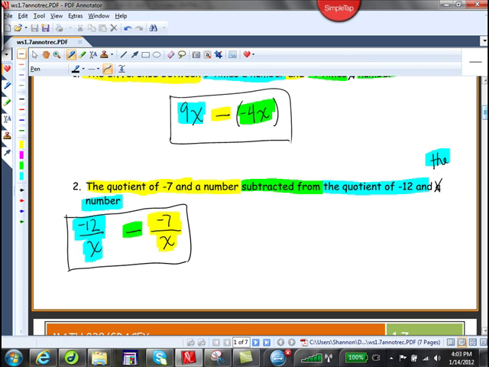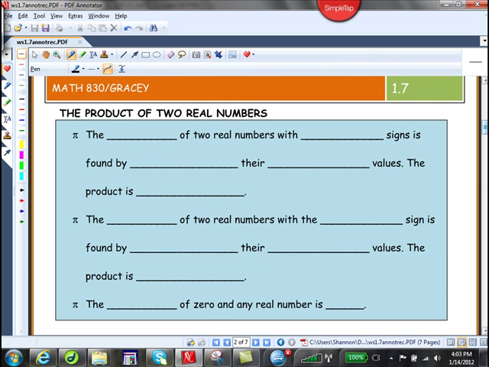So moving right along, starting the lesson, the product of two real numbers. So the product of two real numbers with different signs is found by multiplying their absolute values.